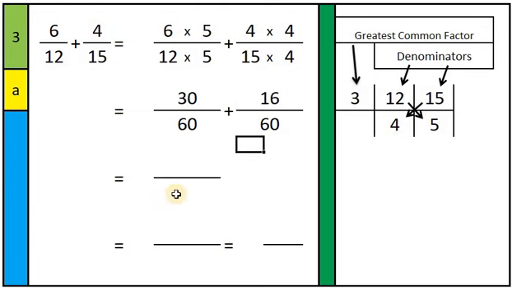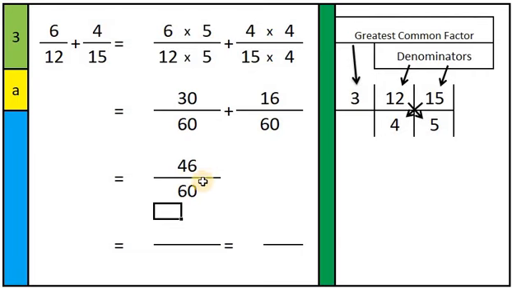Now we have the same denominator. This one is 60, and this one is 30 plus 16, which is 46. Since this is not an improper fraction, we do not need to convert to a mixed number, but we need to make sure that we have the simplest form.